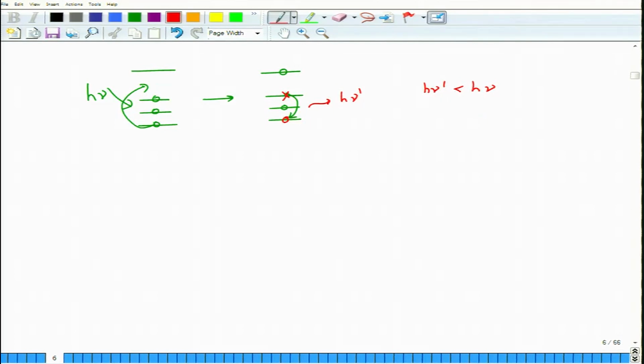But what it has done is, if secondary X-rays come out of the material, then this leads to a phenomenon which is called X-ray fluorescence.